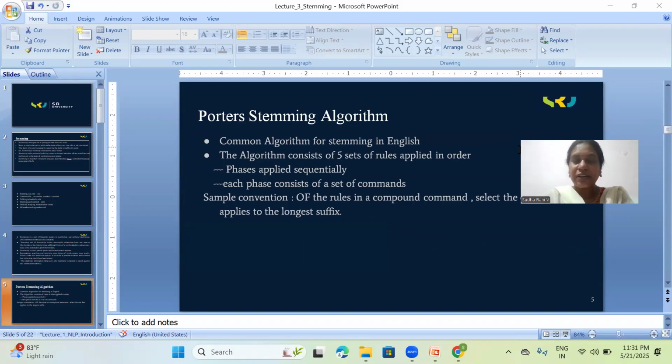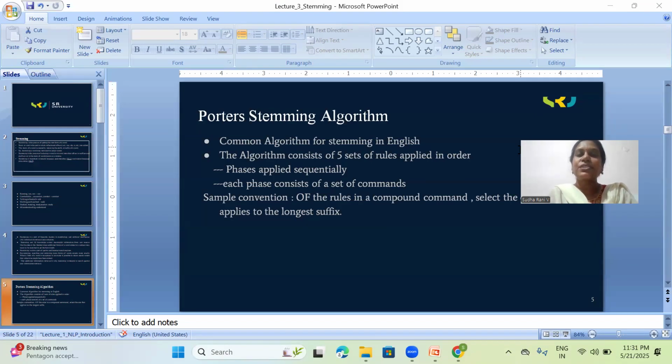As I said in my last video, and I'm repeating, stemming is not only for the English language. Stemming can be applicable for any other languages also. We can also use it for local languages like Telugu, Hindi, English, any kind of language. And for general English stemming, we use the Porter stemming algorithm.